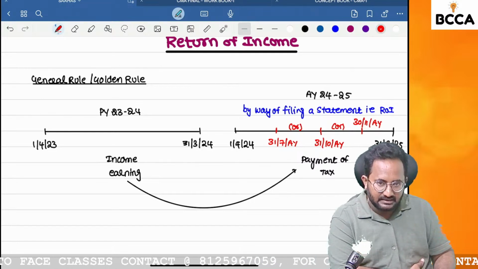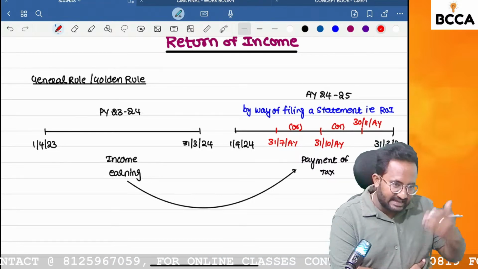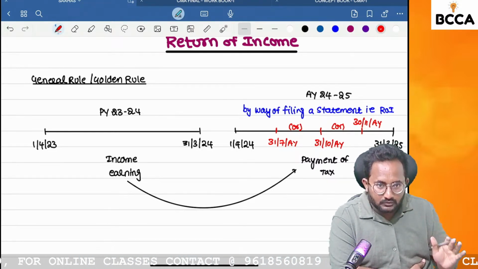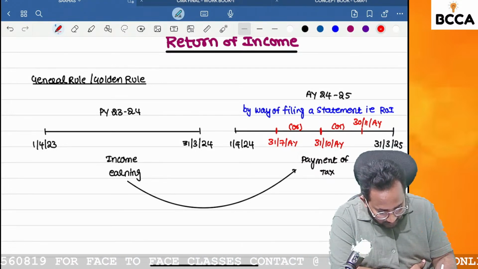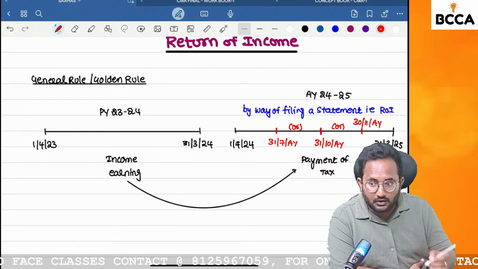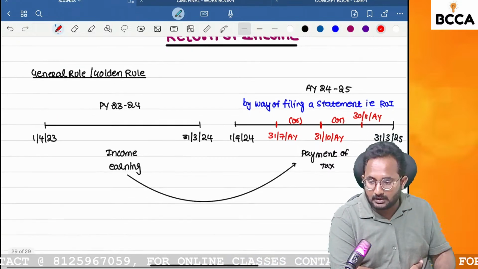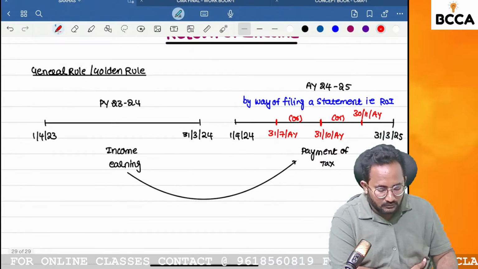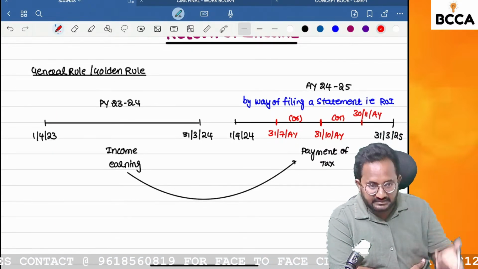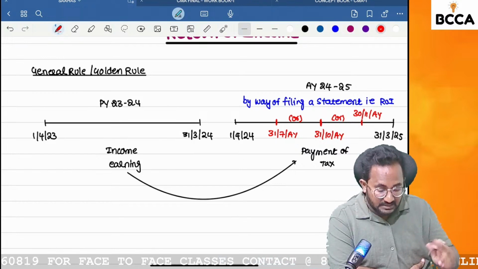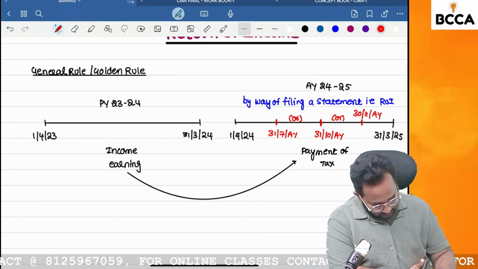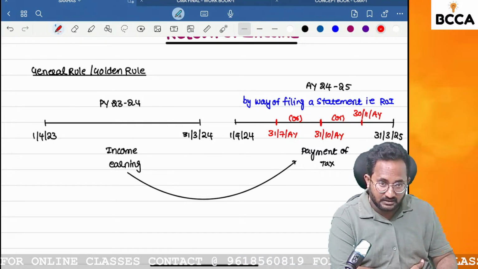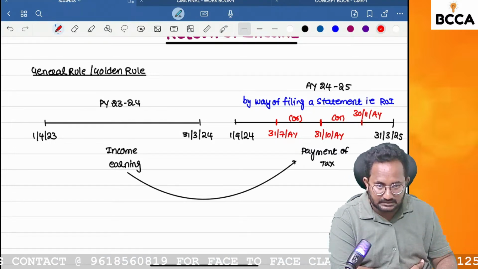Can I file the return of income on the last day of the assessment year? No, no, no. We have certain due dates for filing the return of income. On or before the due dates only, you have to file it. July, October, November endings.